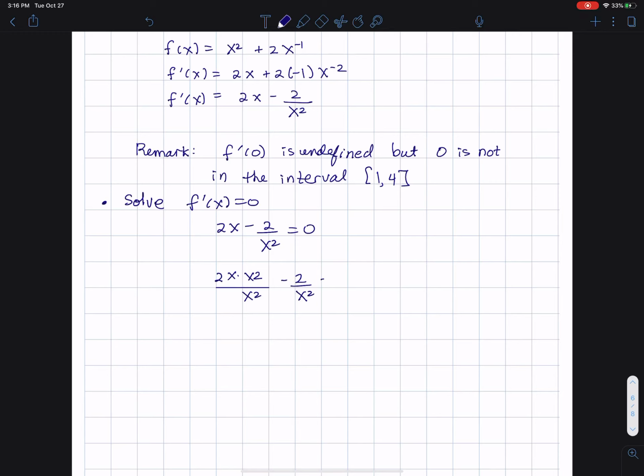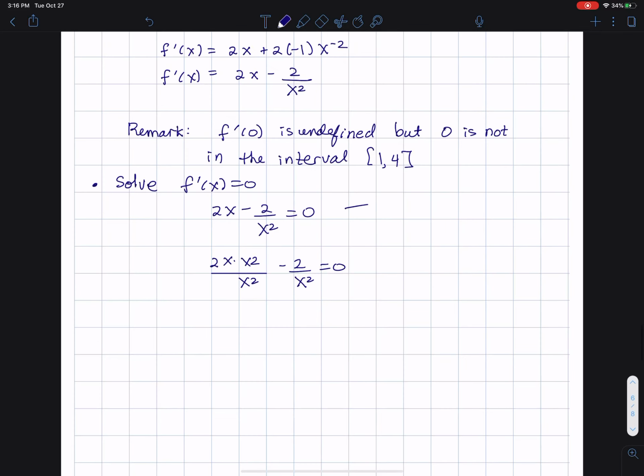Another way to do it is you have two terms that are separated by a difference. So you could write this, and maybe it's even better. I feel I can do it both ways. And you cross multiply, and you're going to get x to the third power equals 1, and you solve. Either way, you're going to get the same thing.